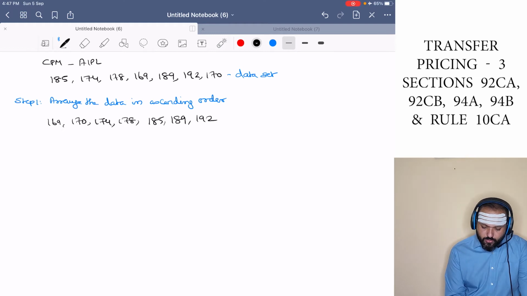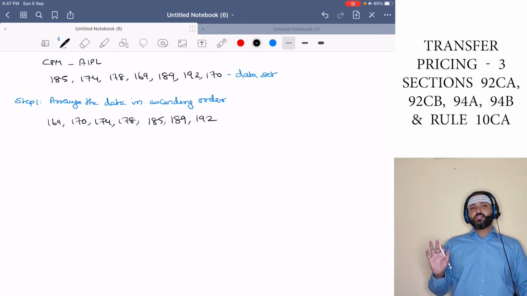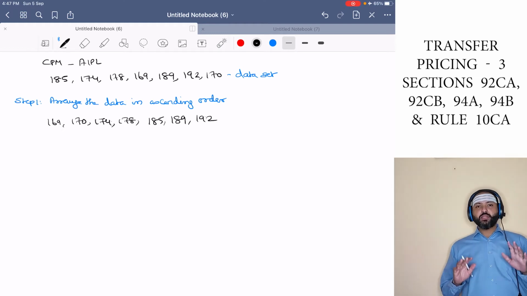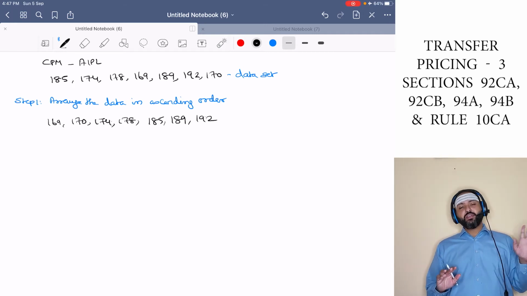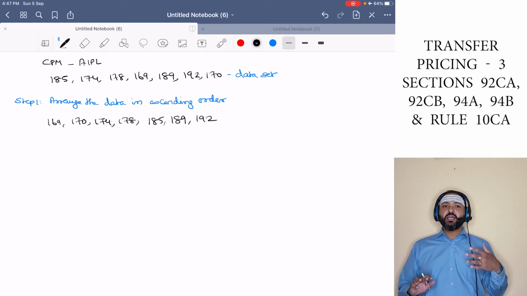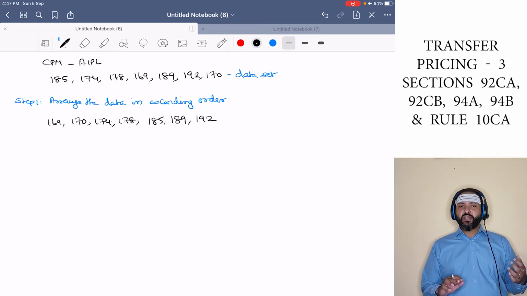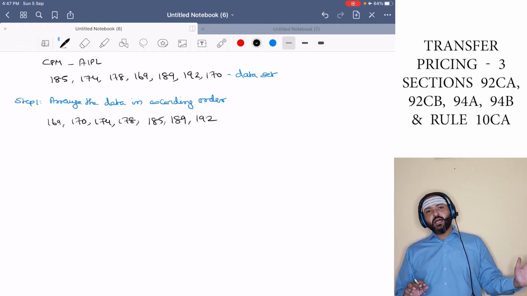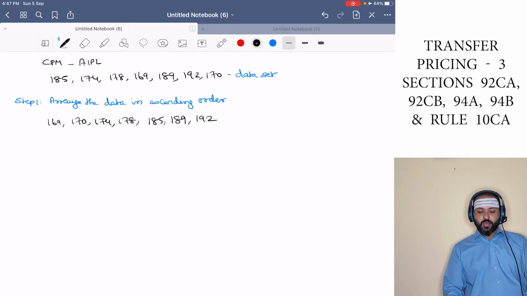So 1 2 3 4 5 6 7. So the step 1 that we have to perform in these type of problems is to arrange the data set, that is the arm's length prices that we have obtained from comparable companies, in ascending order. So that is what we have done right now.